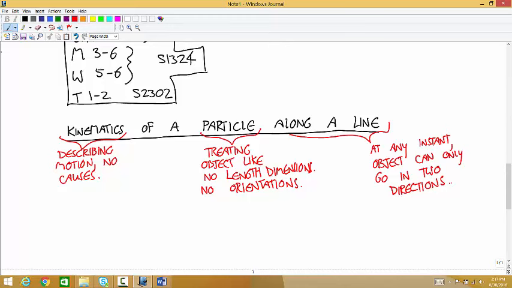Later, when we get into more complicated stuff, where stuff is moving in a plane, then it's going to have all these choices. You know, if the plane is like the plane of the screen, like a bug moving on the screen would be motion in a plane. And if the bug's here, it can go that way or that way or that way or that way. You know, has all these choices. But if it's confined to moving along this line, it can only go this way or that way. Okay, and that's going to make the math a lot simpler.